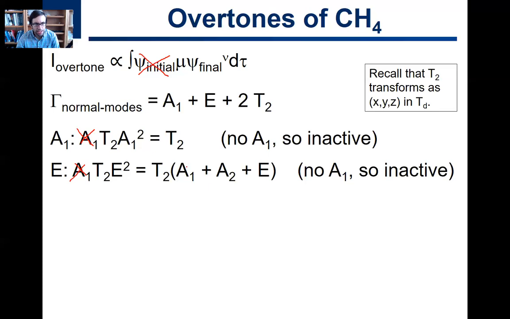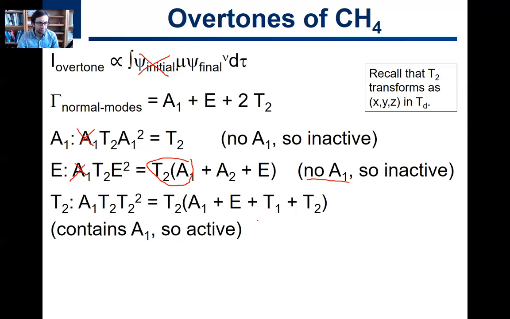That's because you can tell right away this is not going to contain an A1. The only way you're going to have an A1 is if you have one of these products, right? There are 3 products here: T2 times A1, T2 times A2, and T2 times E. None of those are T2 times T2. None of those are something times itself. And because none of those are something times itself, none of those will have A1 by our product rules. And so since there's no A1, this is going to be inactive.